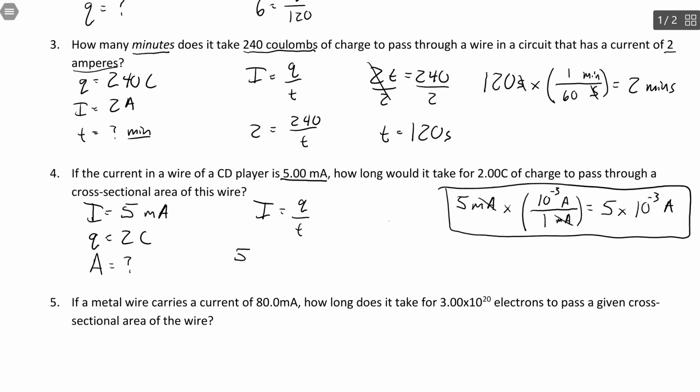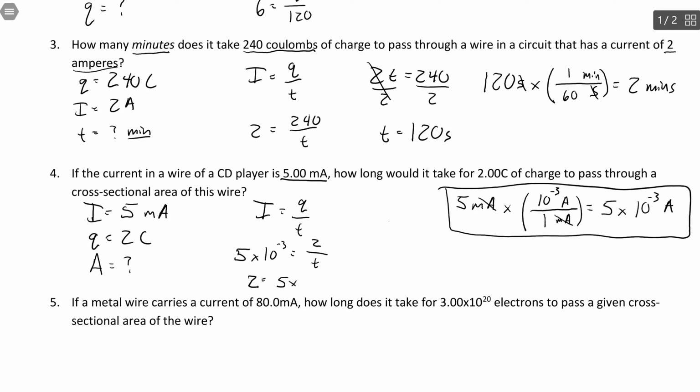So you plug in 5 times 10 to the negative 3 is equal to 2 coulombs divided by the time. And our variable is in the denominator again. So if it helps, you could cross multiply. 2 is equal to 5 times 10 to the negative 3 times t.